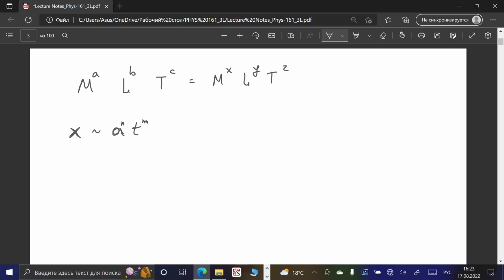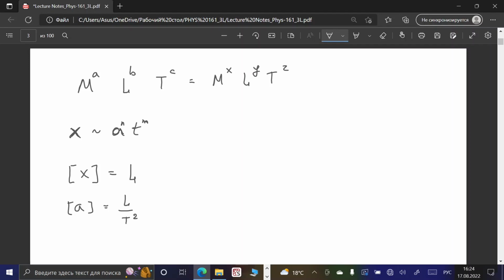So here is x, its position, and the dimension will be length, capital L. So what will be the dimension for the right side? Here we have acceleration, a, and the dimension for acceleration will be L divided by t squared.